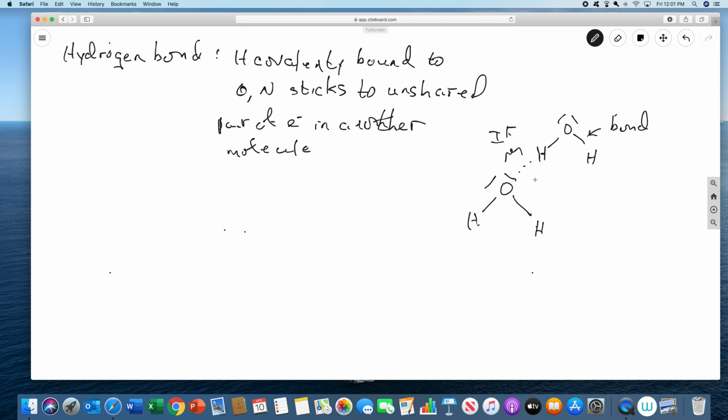So this here is a hydrogen bond. It's a type of intermolecular force. You have the hydrogen, which is covalently attached to oxygen, sticking to an unshared pair.